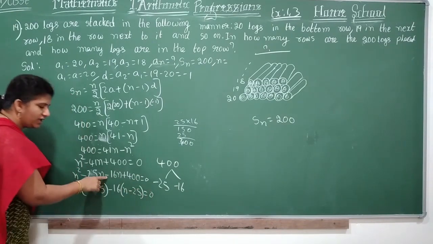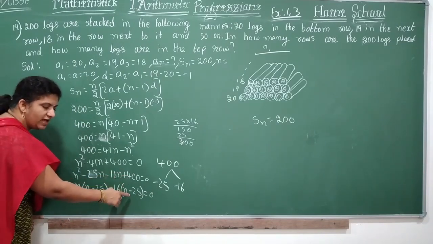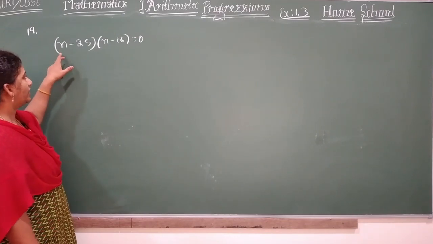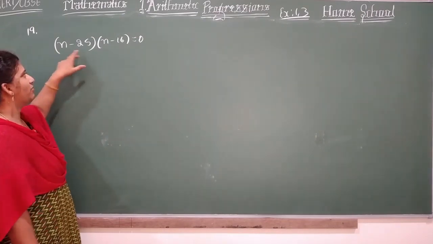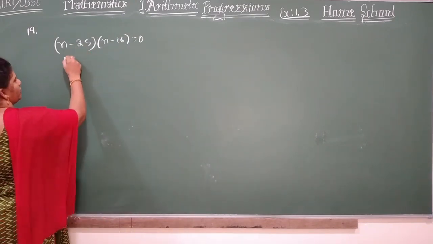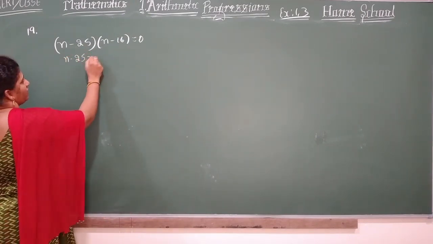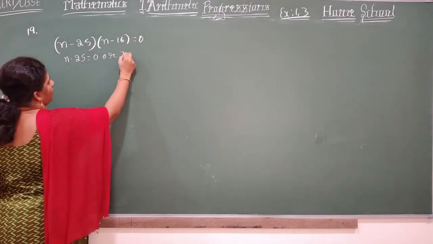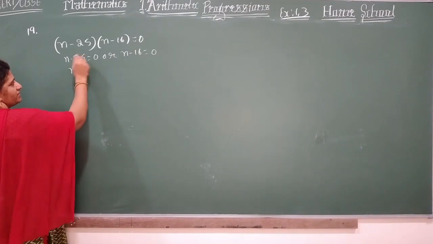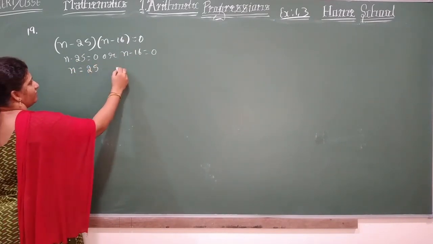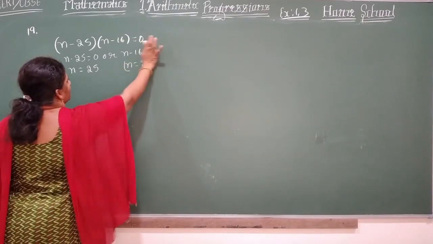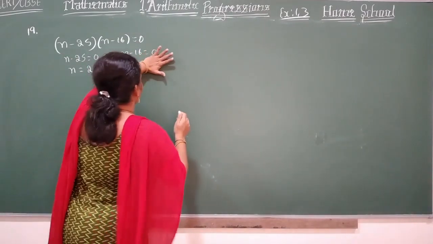In the last two terms, taking minus 16 common, we get minus 16 into N minus 25. Don't be confused, you can do it either way. After factorization, N minus 25 into N minus 16 equals 0. So N minus 25 equals 0 or N minus 16 equals 0. Sending minus 25 to the other side gives 25, and minus 16 to the other side gives 16.